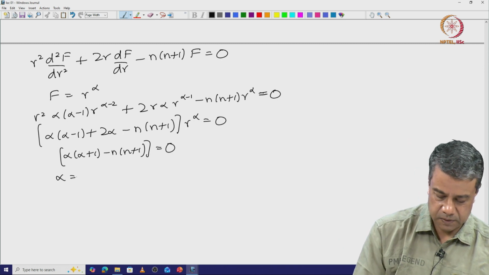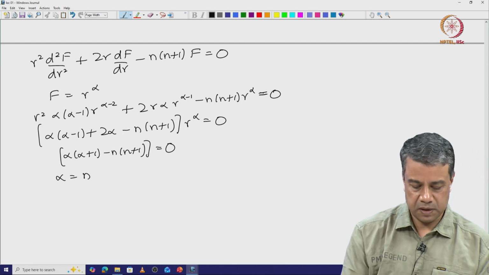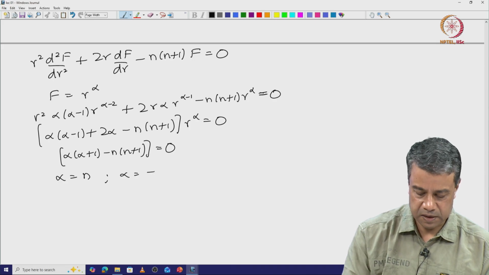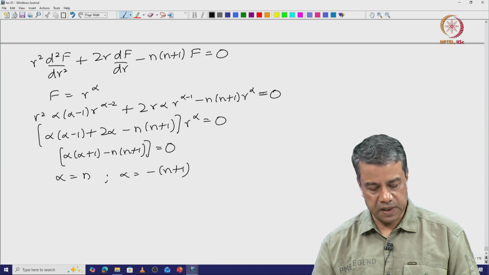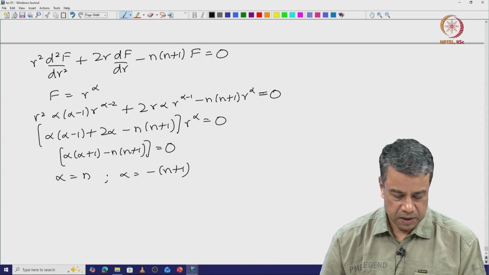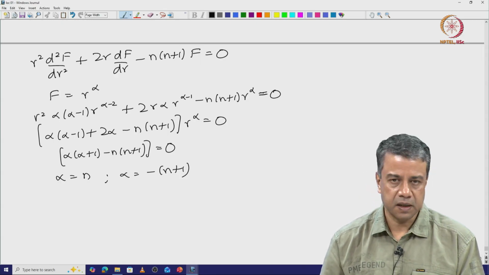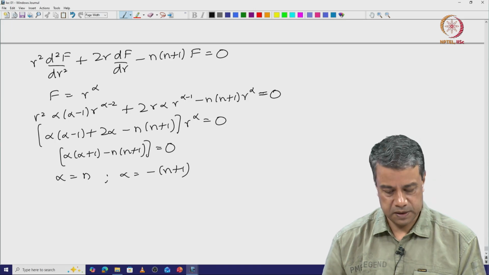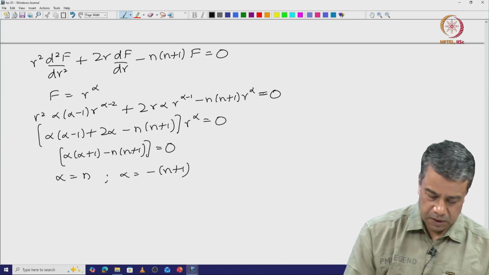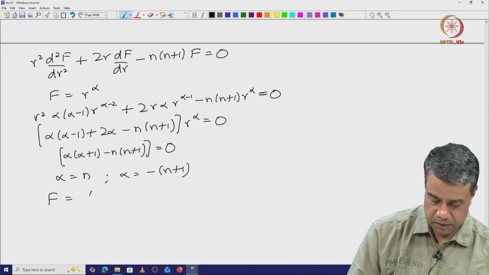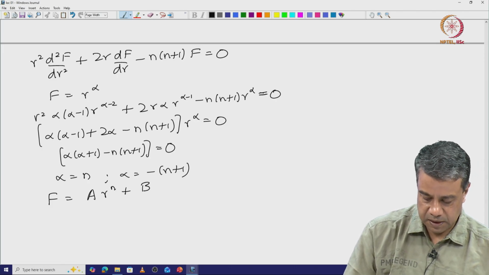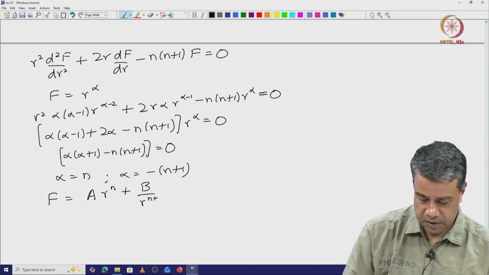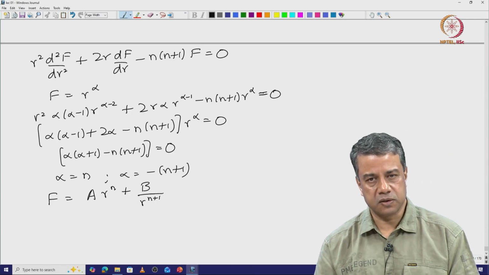Therefore, alpha is equal to n is one solution and alpha is equal to minus of n plus 1 is the second solution. If alpha is equal to minus of n plus 1, alpha plus 1 is minus n and you get n into n plus 1. Therefore, f is equal to a r power n plus b by r power n plus 1. So, that is the solution for the f part.